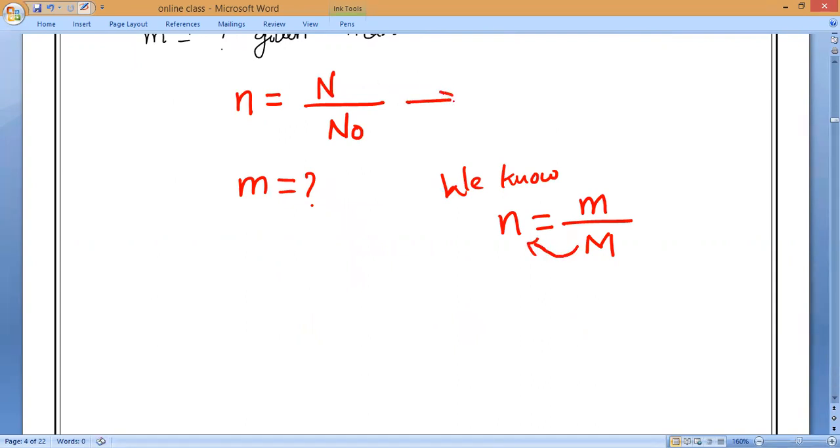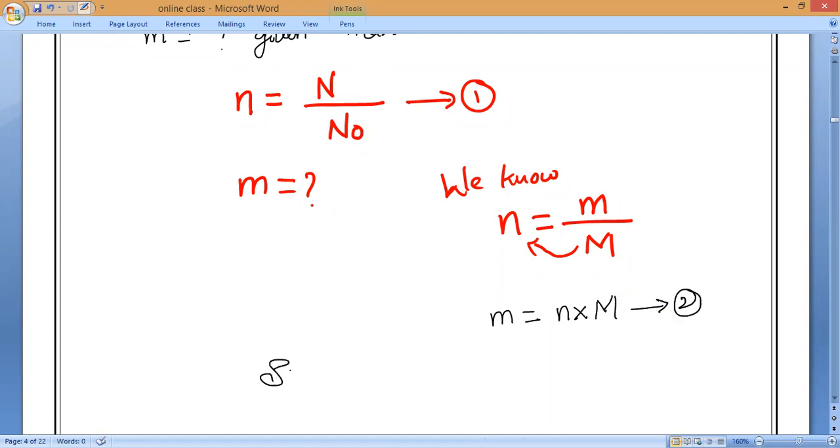So let me consider this is equation number 1. Now, observe very carefully, molar mass is in division, so it will come to this side. What will it become? Multiplication. So, given mass is equal to number of moles into molar mass. Is it right or wrong? So let us assume this is equation number 2.